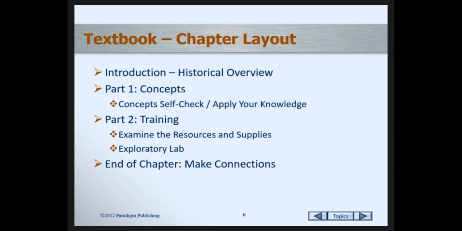It's the chapter summary, key terms, and then the make connections. Once you go into chapter 6, there actually is another part of the textbook in part 2, that is a procedural lab instead of an exploratory lab, where we actually will do hands-on components.